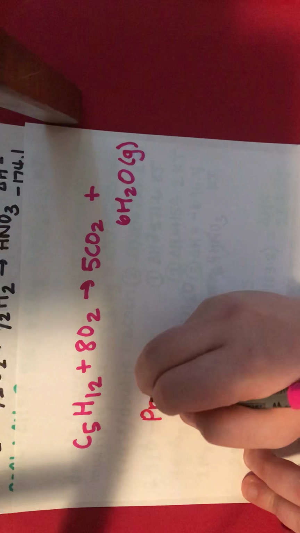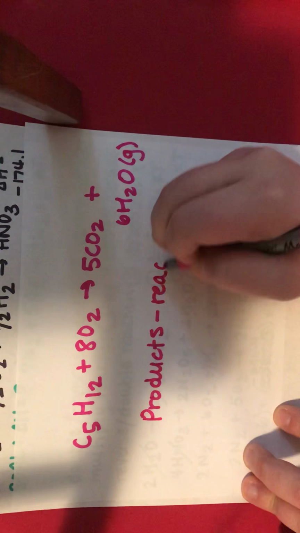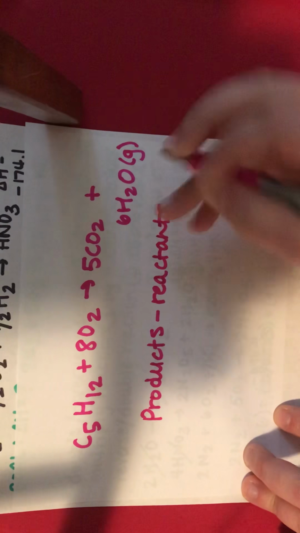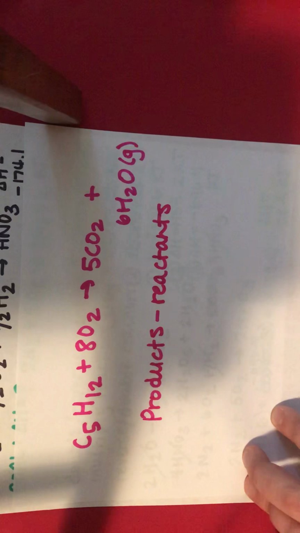We do products minus reactants. I don't think this is going to be a free response problem, but definitely a multiple choice problem, and I want you to get those points.